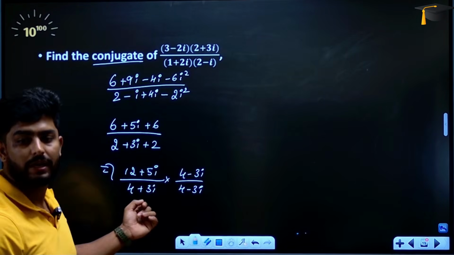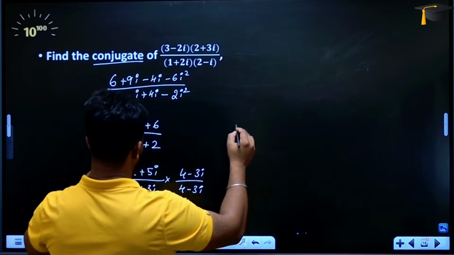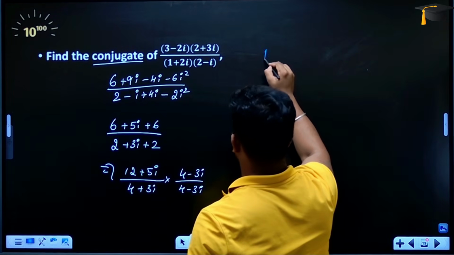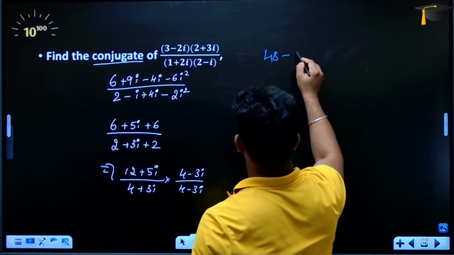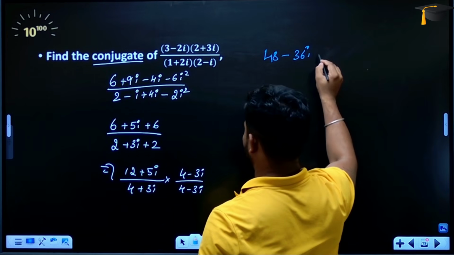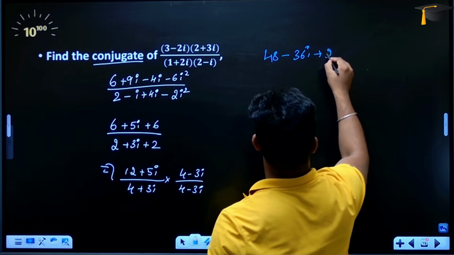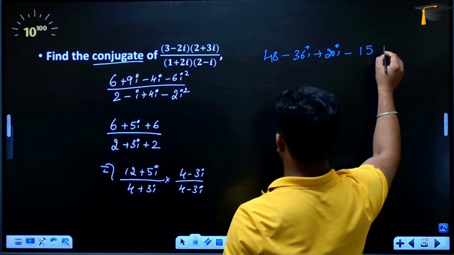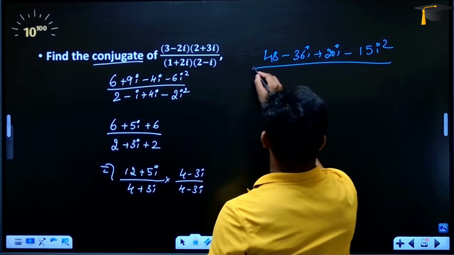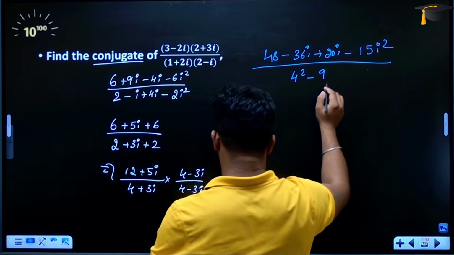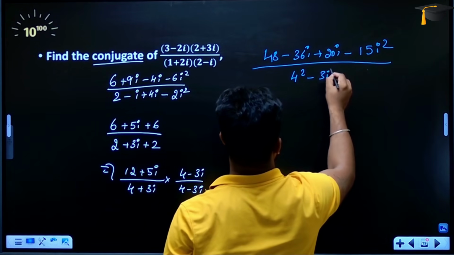Okay, so next, 12 4s are 48 minus 12 3s are 36i, plus 20i, minus how much? It is 15i square, whole divided by 4 square minus 3i the whole square.